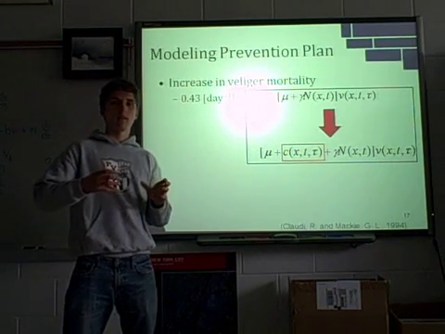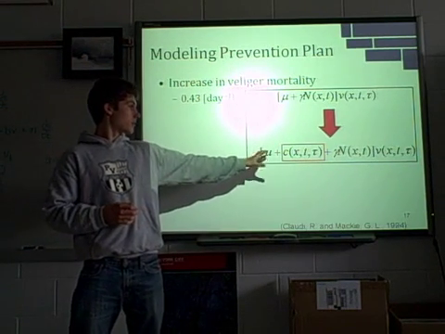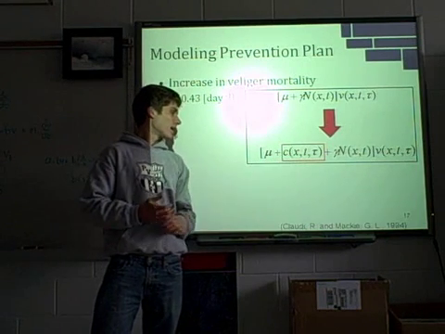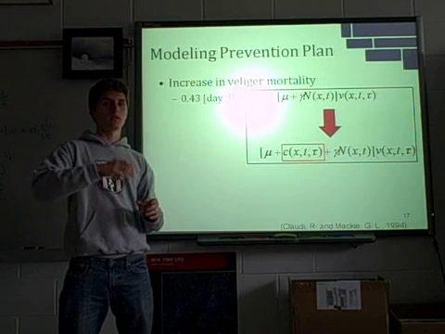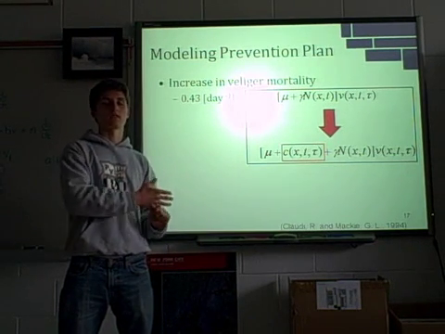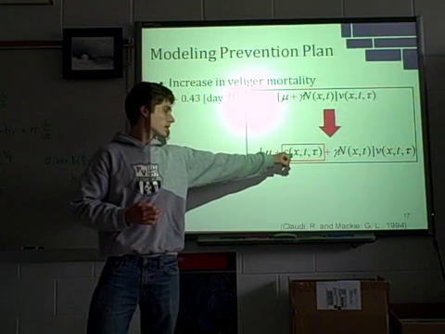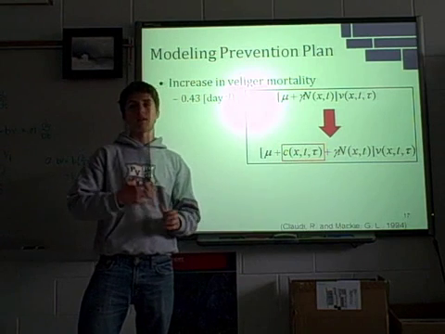And how I implemented this plan into my differential equation: I took the mortality term here and I added another term, C, which denotes the chemical concentration or the mortality effects of that concentration at a given location x during a given year T and a given day tau.